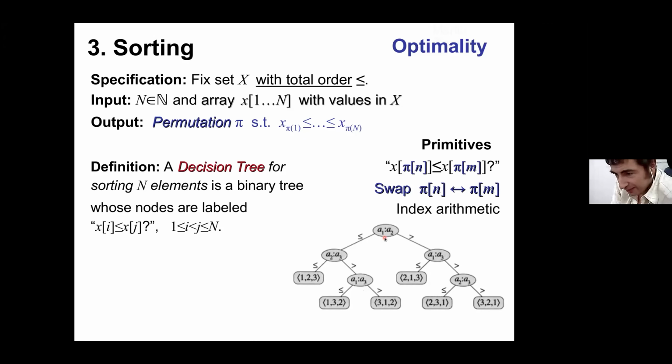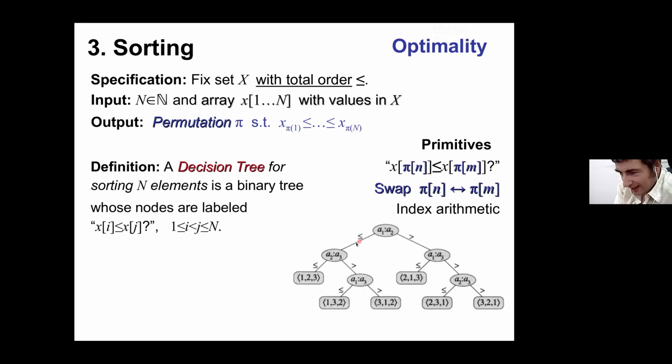What this decision tree does is it's a binary tree, and in every non-terminal node of the binary tree, there are two elements which indicate that the values of these two elements are compared. There are two possible answers of this comparison.